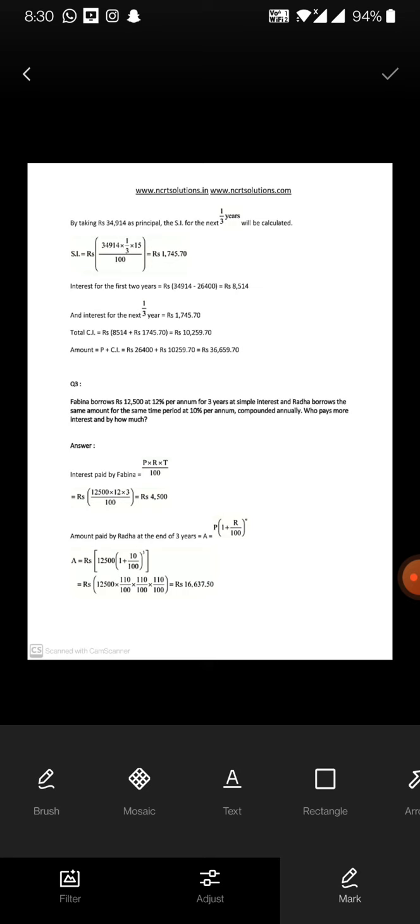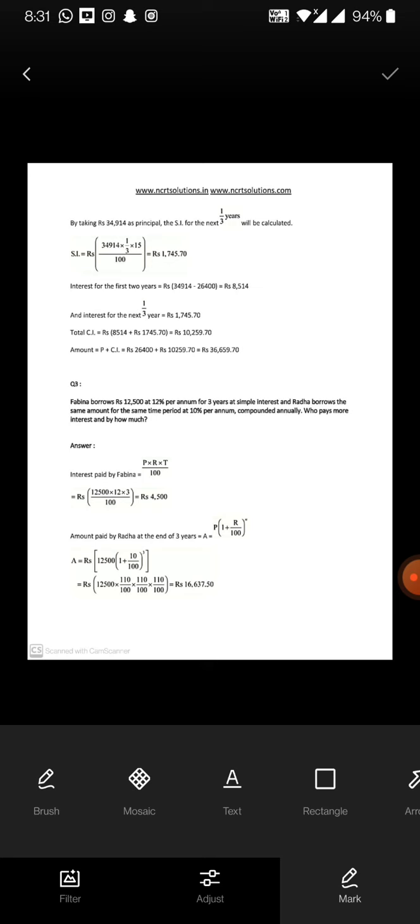Question number 3: Fabina borrows 12,500 at 12% per annum for 3 years at simple rate of interest. Clear? Now Radha also borrowed the same amount, 12,500, for the same period of 3 years. The rate of interest is different.